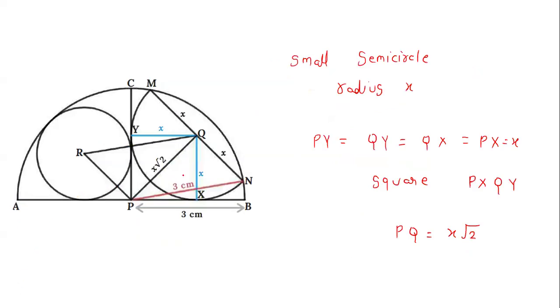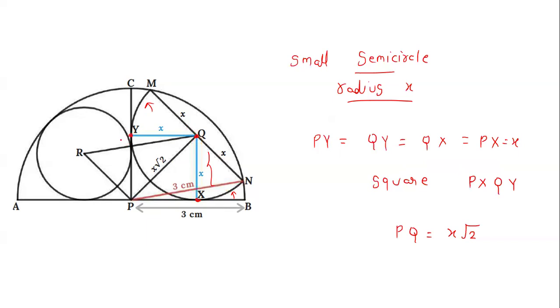And now let's see this figure. In this figure, let's say the smaller semicircle radius is x. So this is our smaller semicircle, and let's say this radius is x. Q is the center, and if from the point Q you join any point on the circle, like X, which is a point on this semicircle, then this distance will be the radius of this semicircle, which is equal to x.